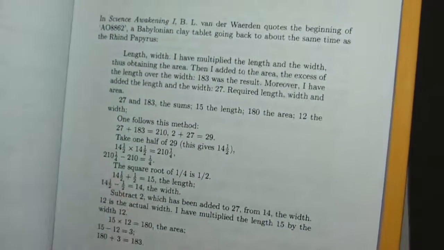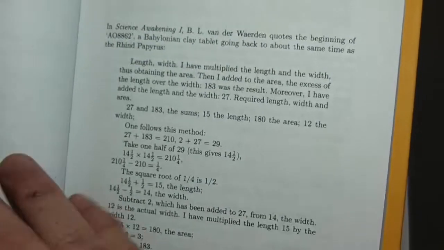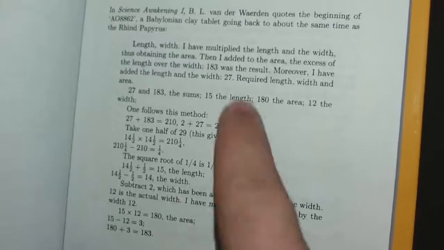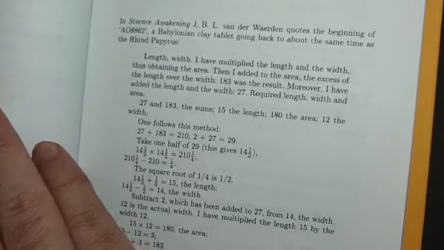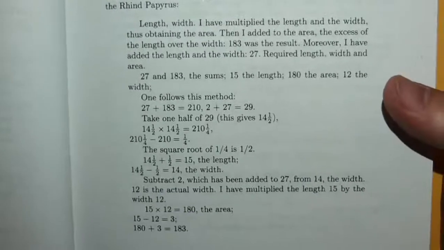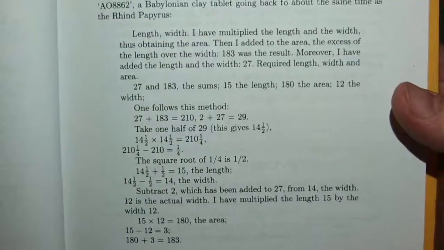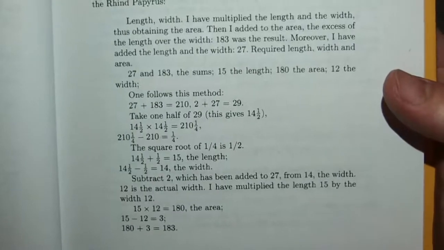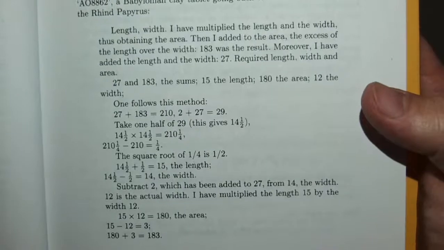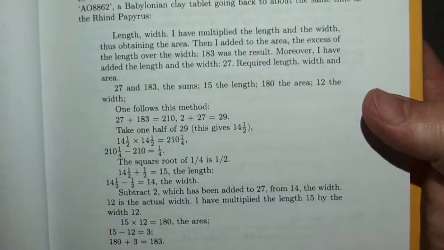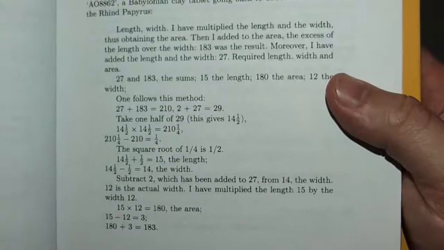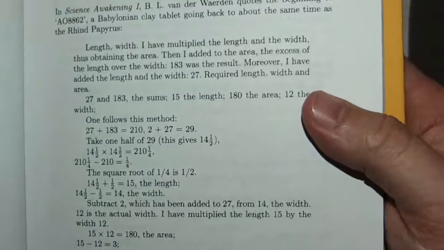The idea is that this clay tablet is supposed to be showing a general method that can be applied to these numbers, though of course this is done via special cases. This is the common approach in ancient math. And it wasn't until the Greeks that the notion of proving something or doing something generally was set forth to get rid of this need of doing endless amounts of these special cases.